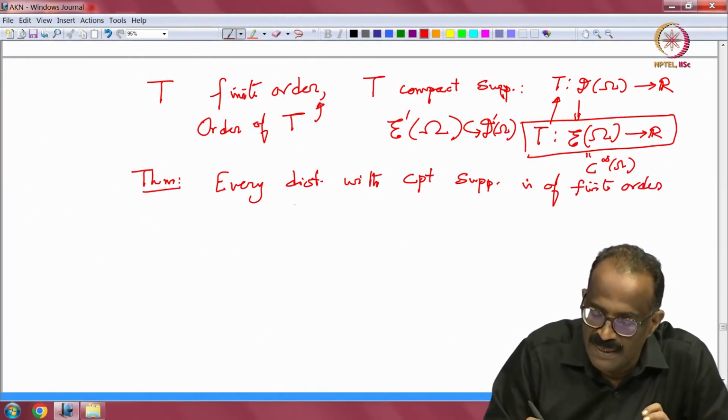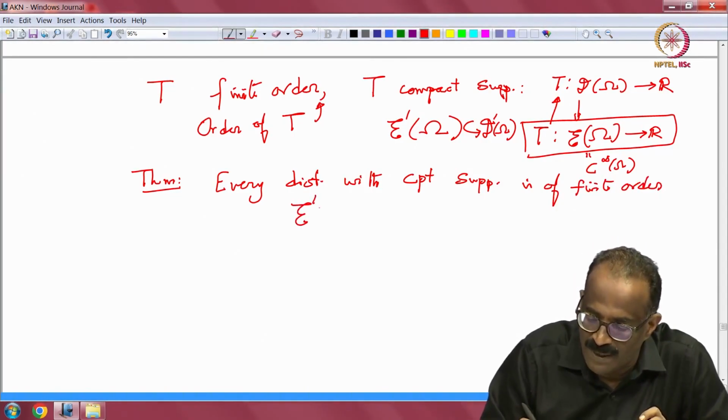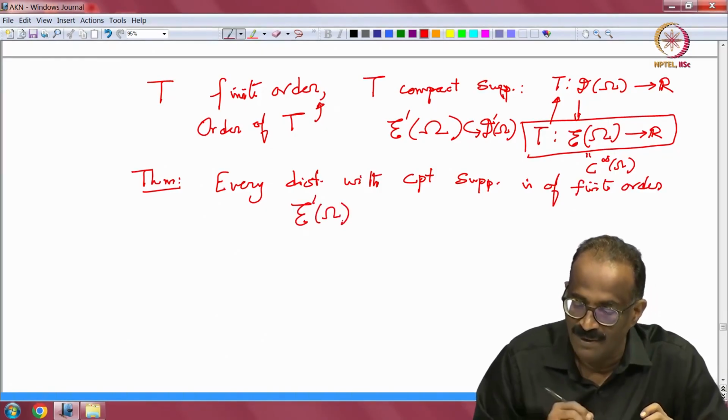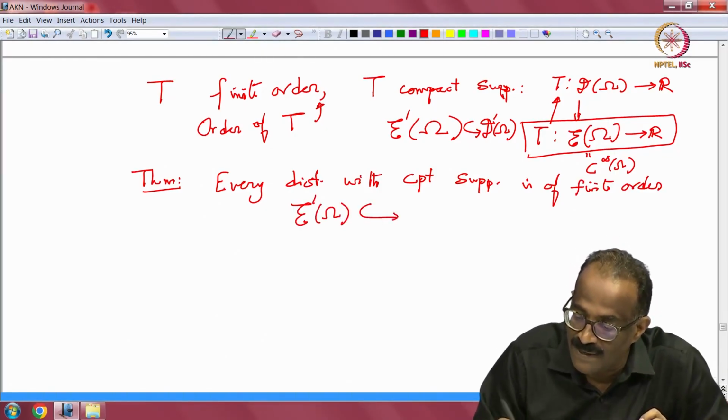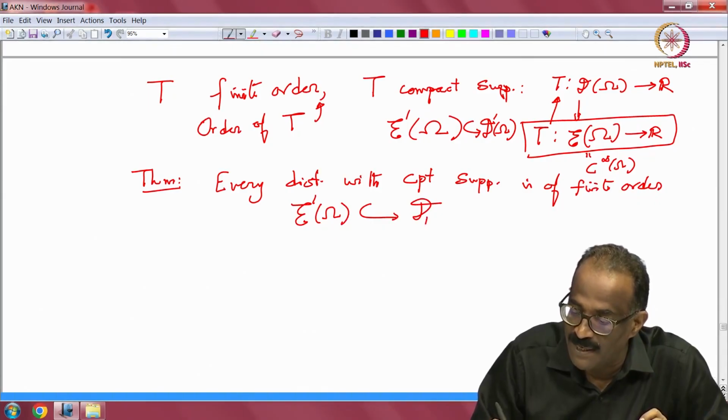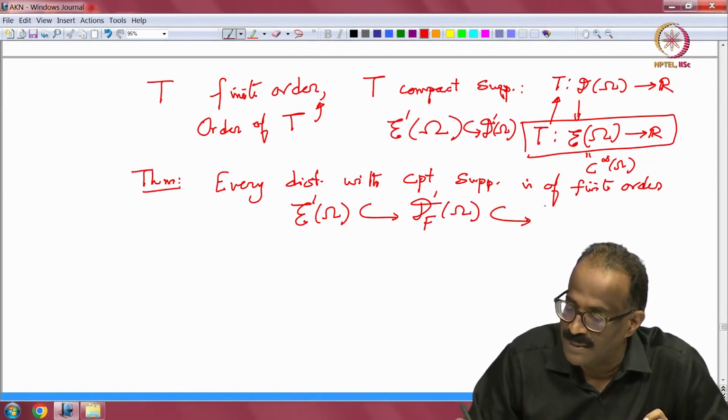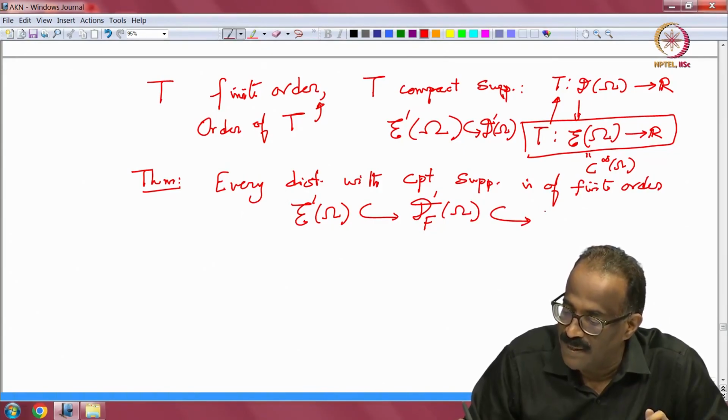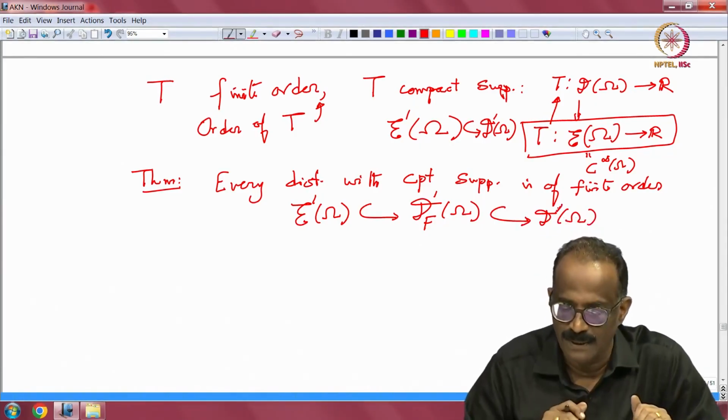So this basically means that distributions of compact support, identified this way, are contained in the finite order distributions, which is given by D F prime. These are all strict inclusions, and this will be in D prime. So you see, you have all these inclusions very nicely.